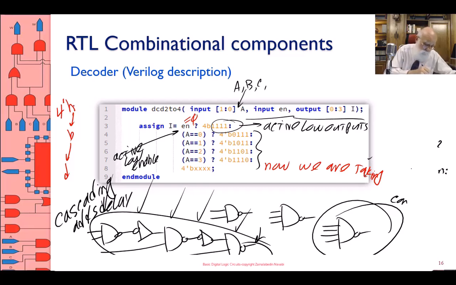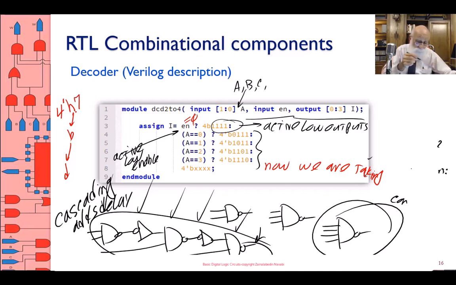And then put the corresponding digits. If it's hex, you put F. For this one, 0, 1, 1, 1. What is 0, 1, 1, 1 in hex? It is 7. So you are saying 4, hex digit, 7. Therefore, you take 7, turn it into a 4-bit. Everything turns into bits.